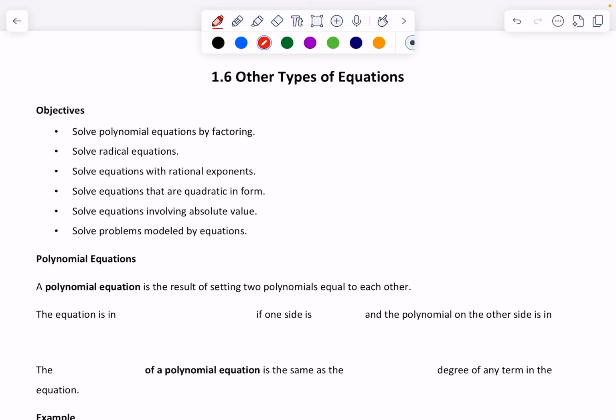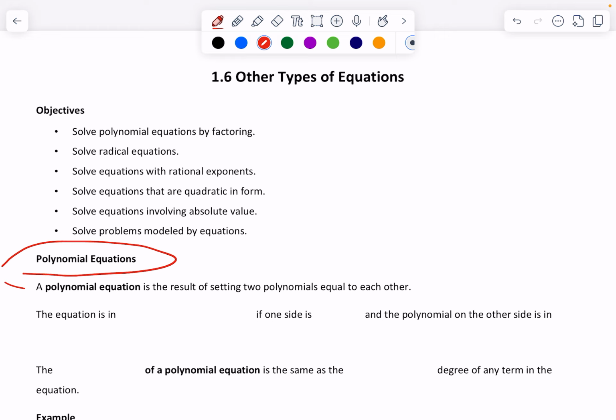We're going to start with the polynomial equations. A polynomial equation is the result of setting two polynomials equal to each other. Again, equation means equal.